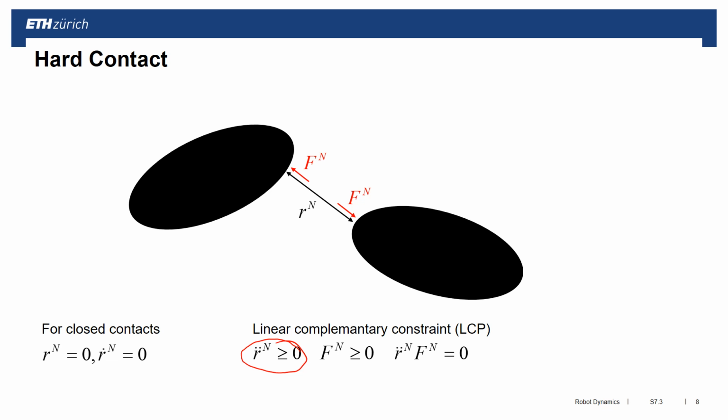If we become larger than 0, then the system will separate in the next instant, which means that my force is equal to 0. So I have this complementary relationship. That means either my R double dot n is 0 or my Fn is 0, and both can only be positive.